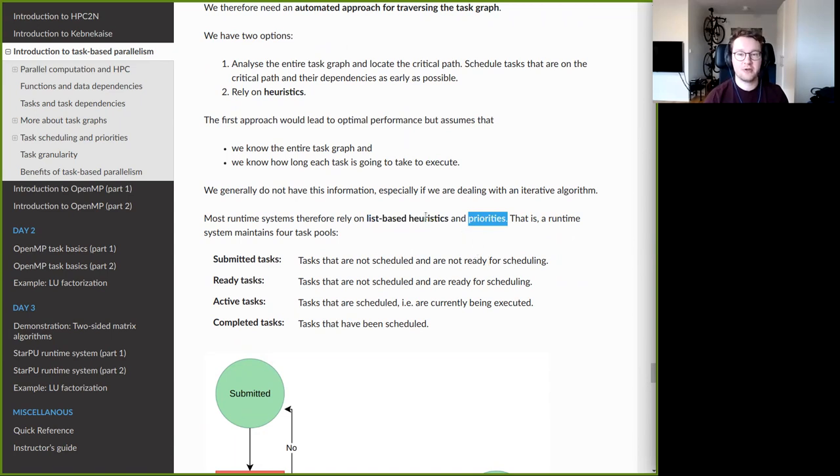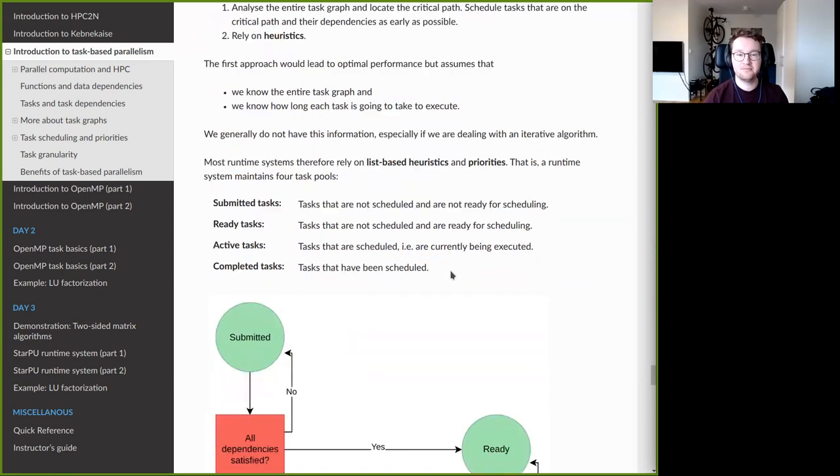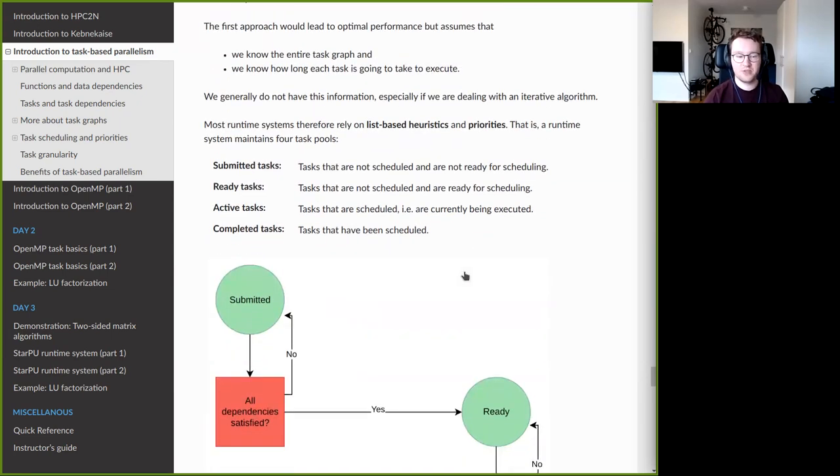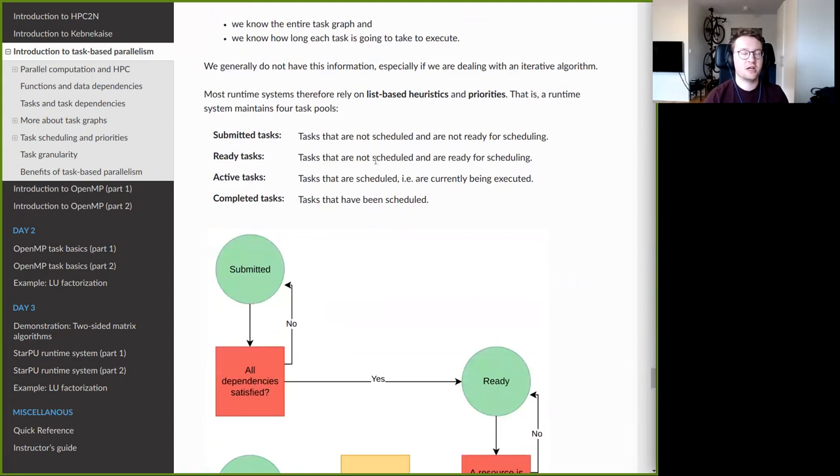And the runtime system will then use this information and try to do the scheduling in a smart way. So let's consider a simple example. This is more or less how StarPU functions when you are scheduling tasks in a situation where you don't have GPUs. And I'm assuming that most OpenMP runtime systems also rely on a somewhat similar approach for scheduling.